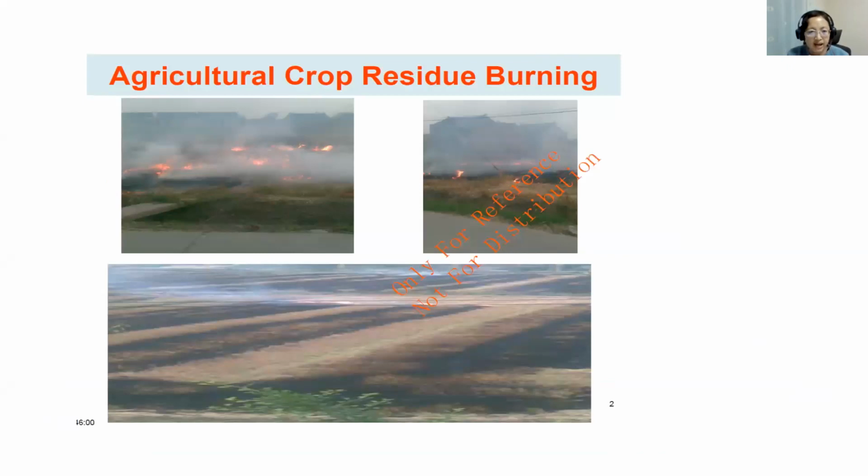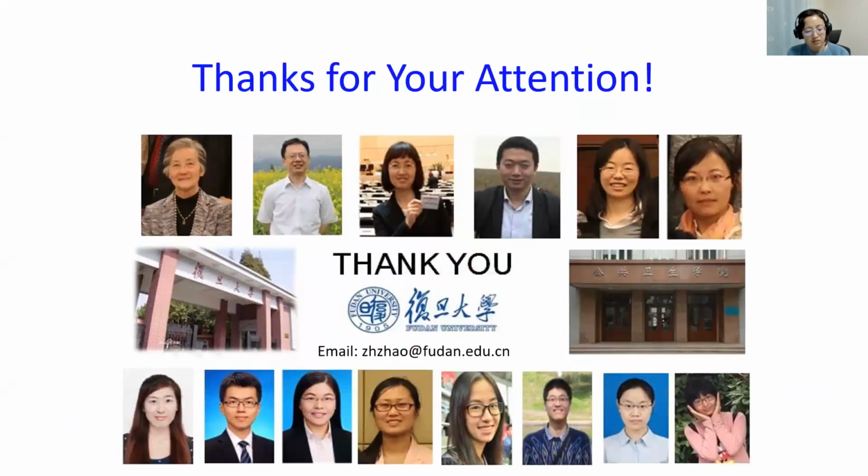But we know that in certain areas it's still a problem and a heavy situation we need to solve in rural and suburban areas. For example, agricultural crop residue burning, coal burning and wood burning, and even animal feces burning for cooking and warming. So this is also a study we need to focus on later on.